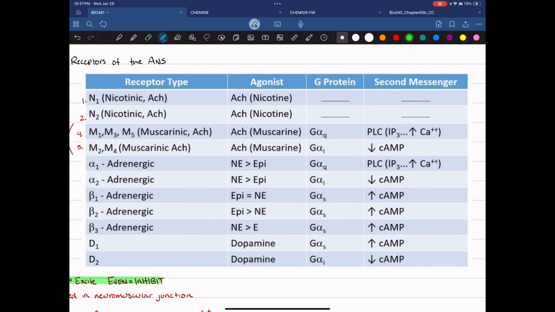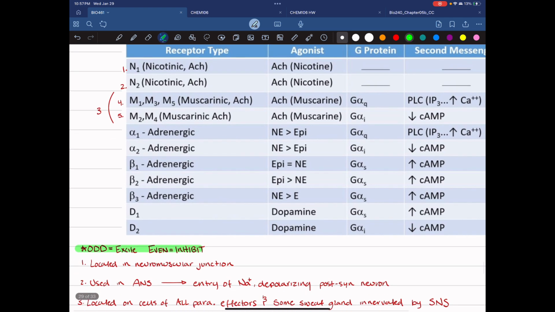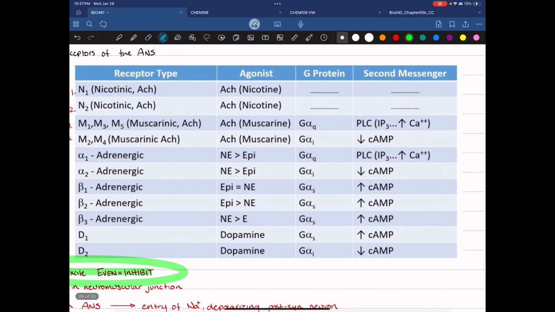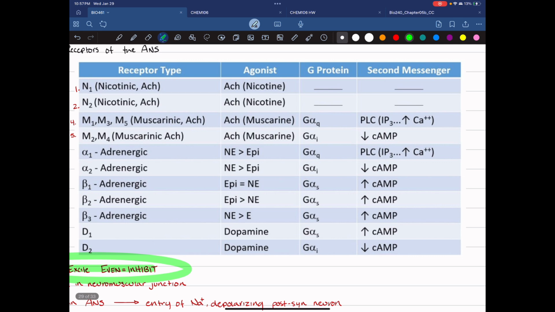So our odd numbers are going to excite, and our even numbers are going to inhibit. So when we're looking at this, we can say our alpha 1 adrenergic receptor is going to excite or constrict, whereas our alpha 2 is going to inhibit or relax.